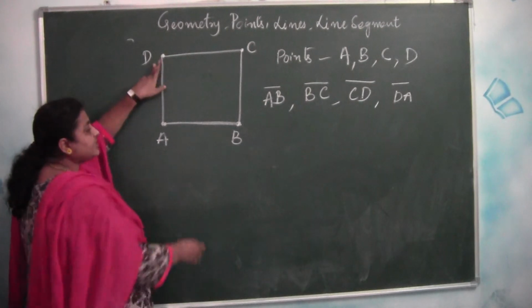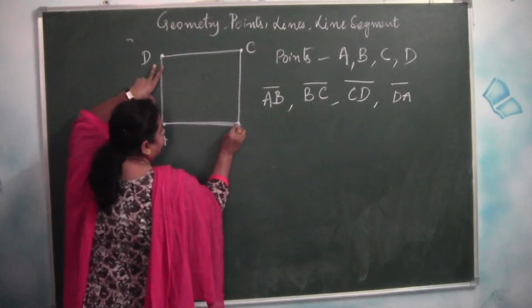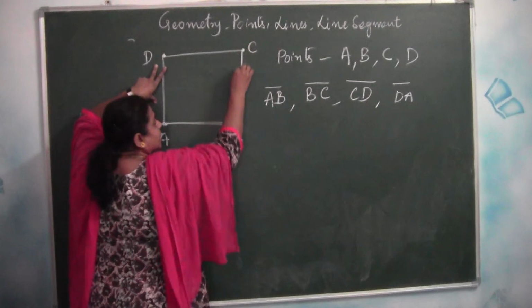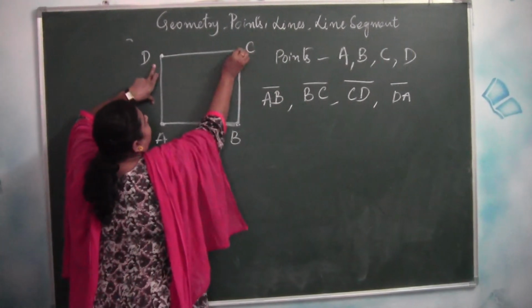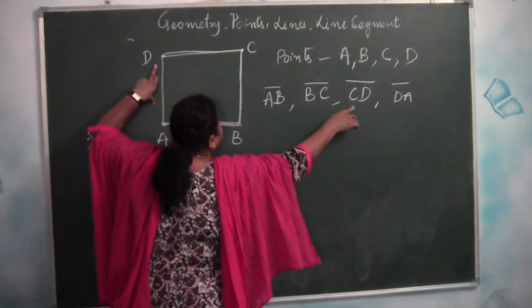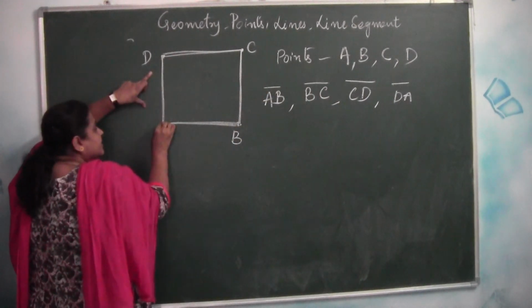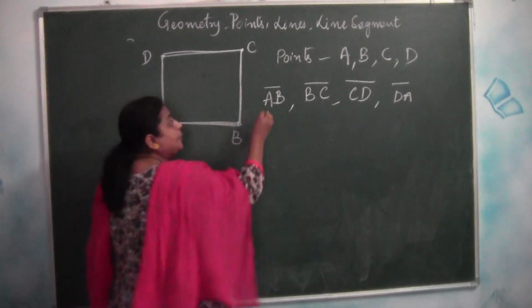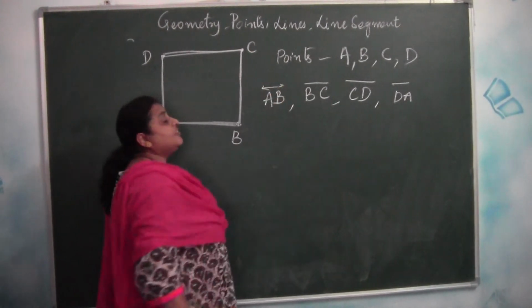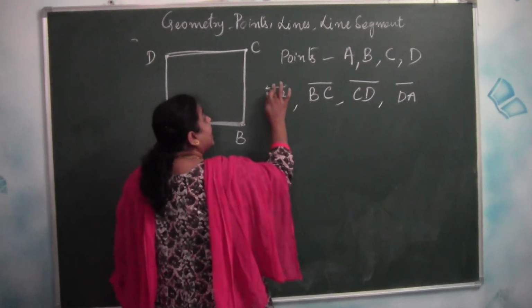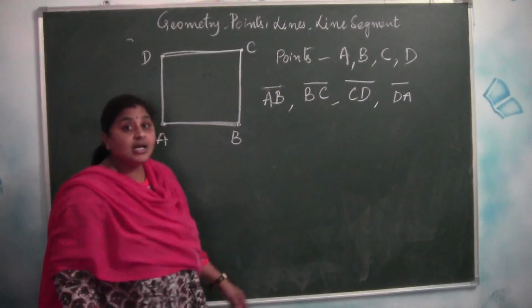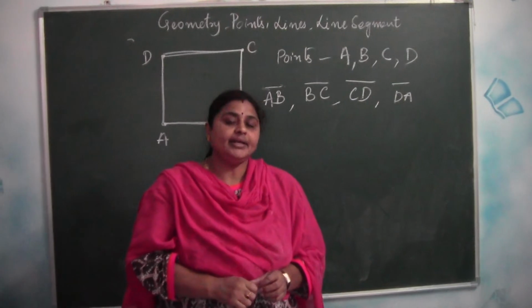And what are the line segments we have? Line segment AB, line segment BC, line segment CD and line segment DA. If I put arrow marks, then it will be line AB. If I am not marking any arrow marks, it means it is a line segment AB.